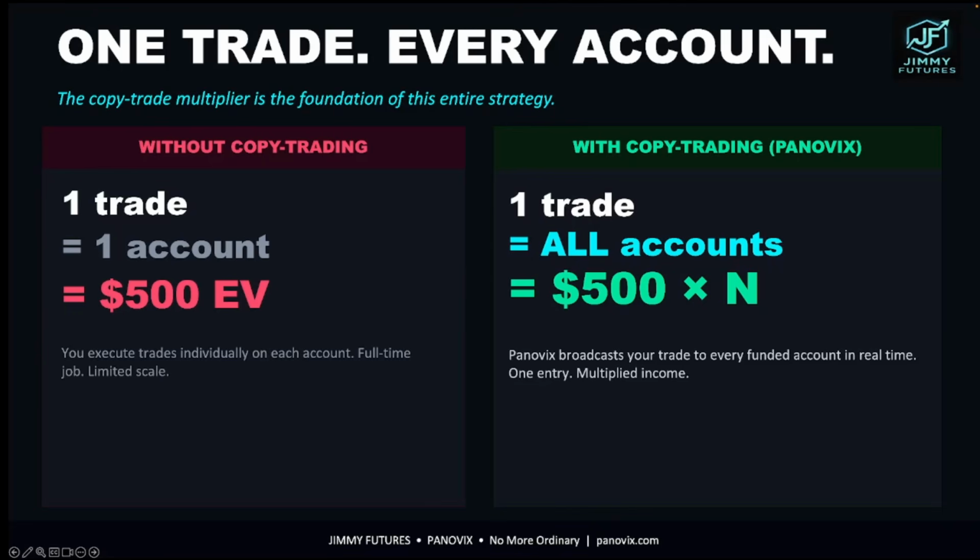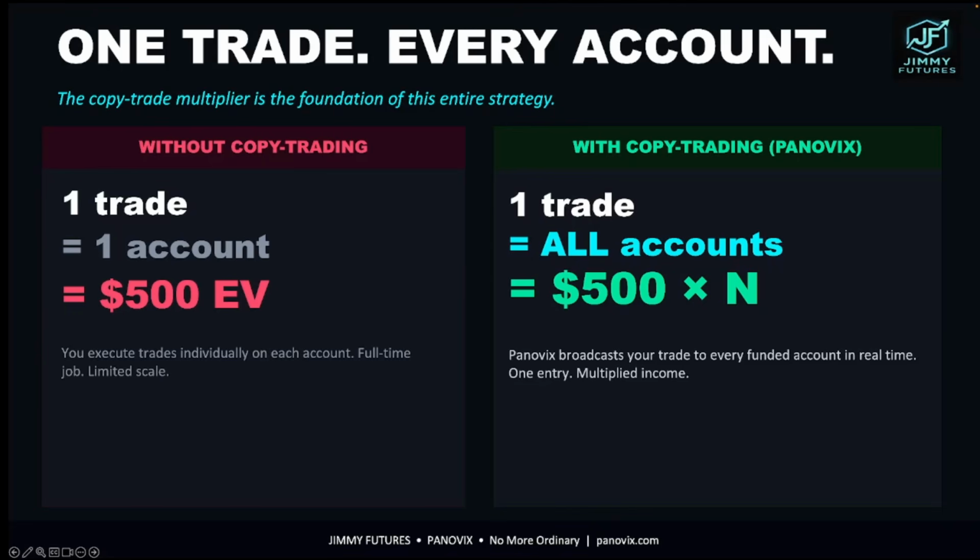The copy trade multiplier is the foundation of this entire strategy. I do use Panavyx for my trade copying. So I set my lead account, all my follower accounts, and so forth. For this example, just so that you're aware, the underlying fundamentals of the math here are a 50% win rate, so you only have to win 50% of your trades, and a 3-to-1 average risk to reward.